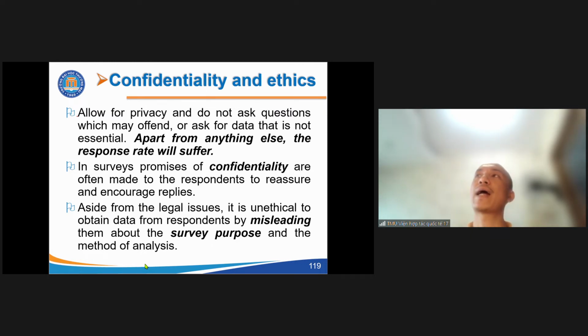For example, questions about income, address, telephone number, email address, or some other things that people may worry about. So normally the personal information is put at the end of the questionnaire.